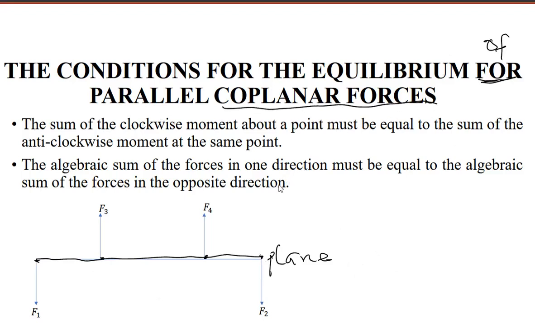On the same plane. Why do we call them parallel? Each of the forces is parallel to each other. Because they are parallel to each other, we say they are what? Parallel forces. Because they are on the same plane, they are coplanar forces. So these forces F1 to F4 are parallel coplanar forces.